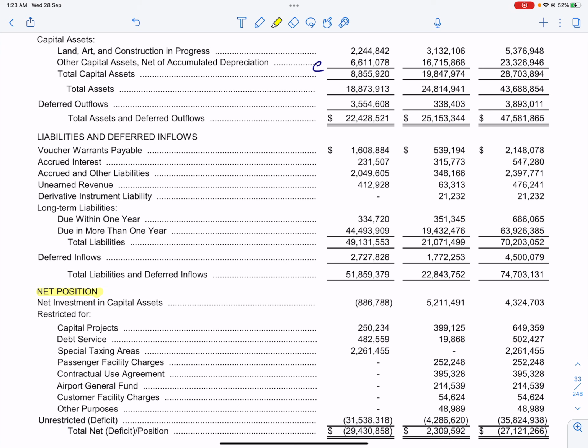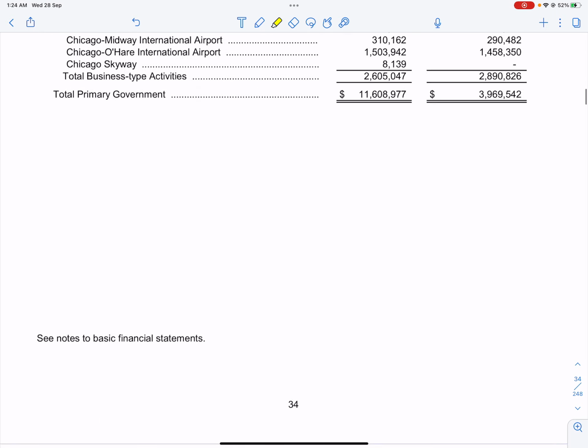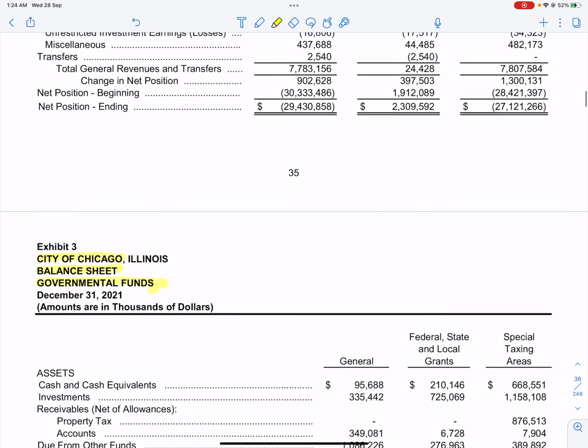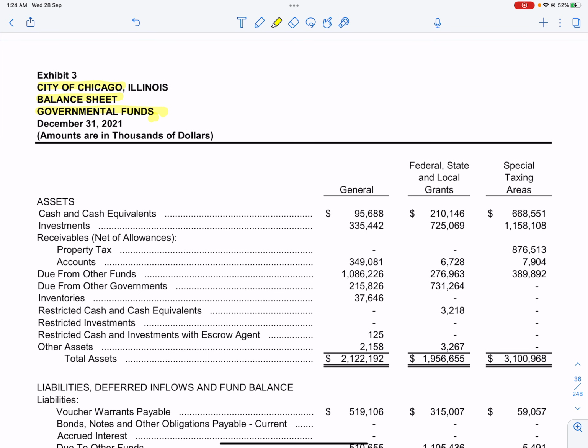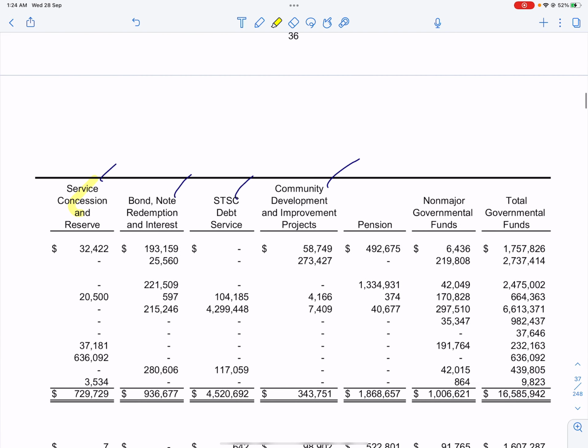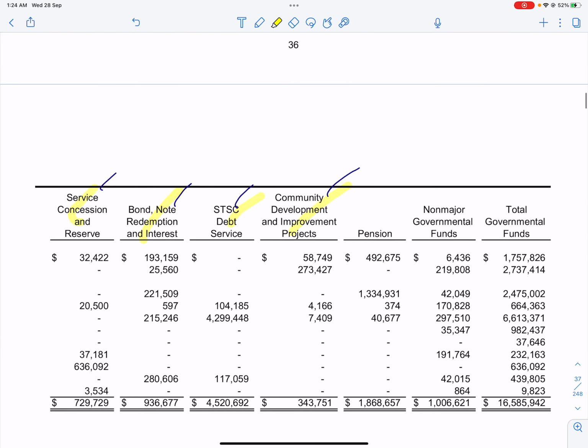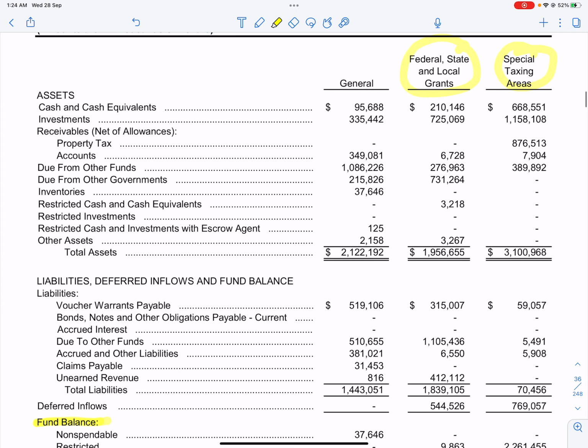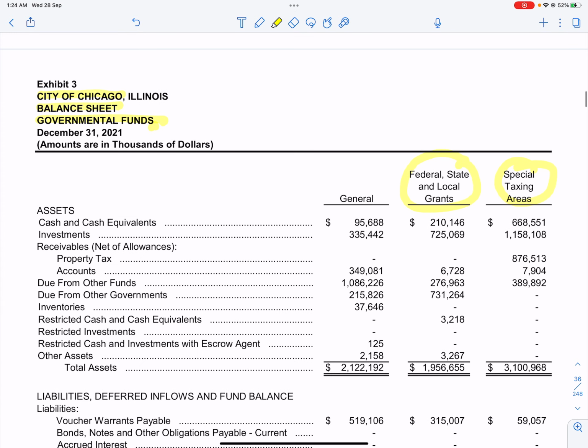So you can notice that there can be several restricted funds, 1, 2, 3, 4, 5. There may be several restricted funds, but there is only one general fund.